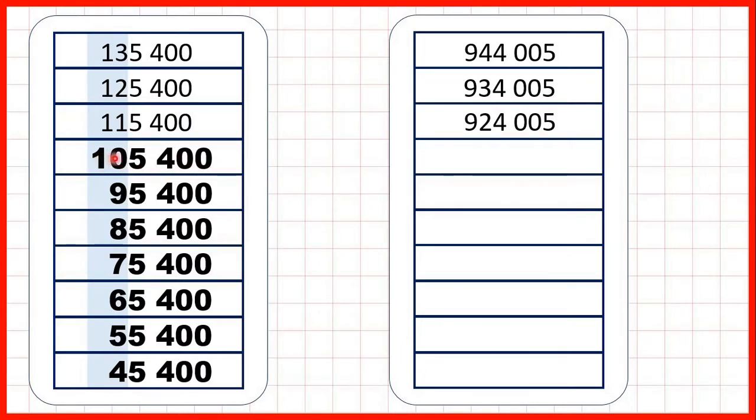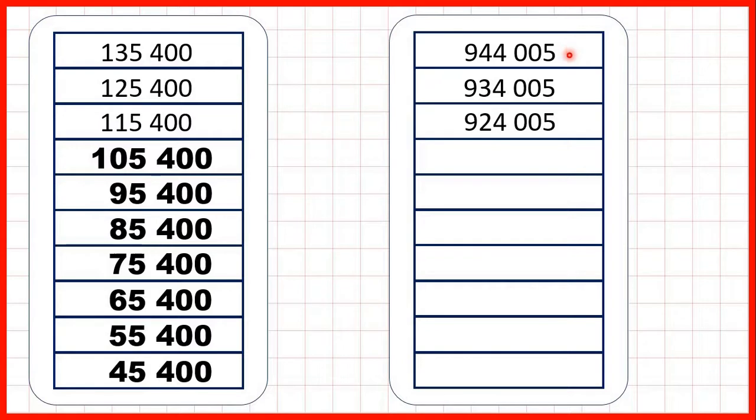So we know that if we're counting back in ones, the number before 10 is 9. And that means that if we're counting back in steps of 10,000, the number before 105,400 will be 95,400.